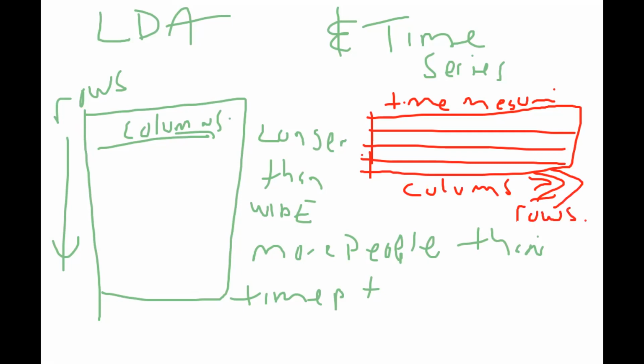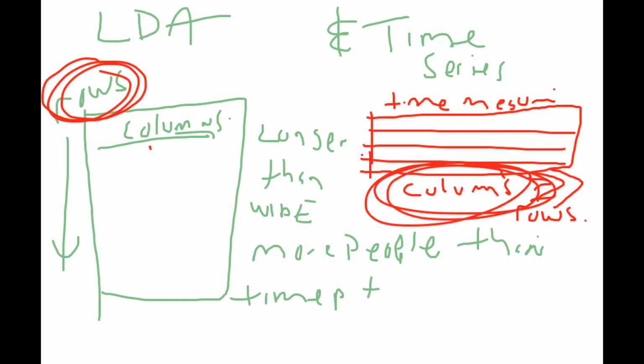For LDA, it's the flip. We have more rows than columns. In time series, you have more columns than rows. So that's the big difference between LDA and time series.